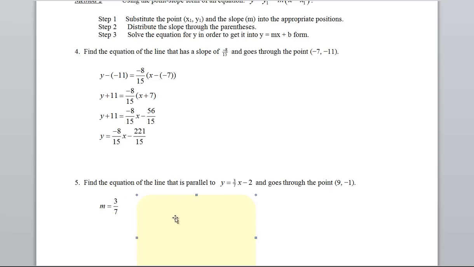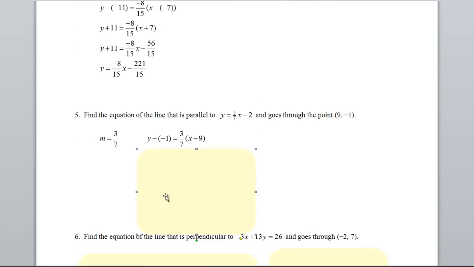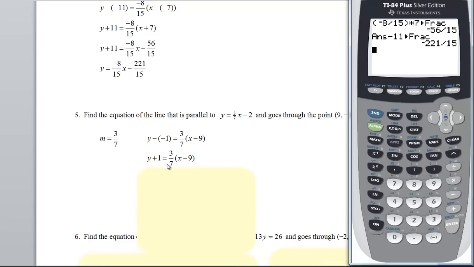So in this part, I'm going to substitute in stuff where it needs to go. Okay. I'm going to make that positive. Let me move down. I'm going to distribute through. Let me get my calculator back. 3/7 x.